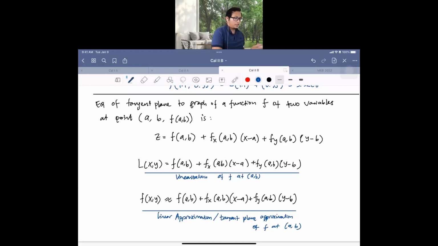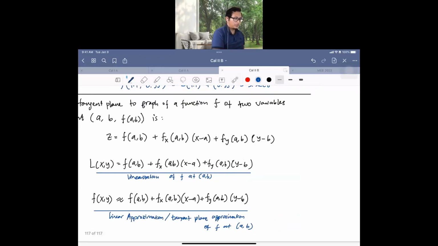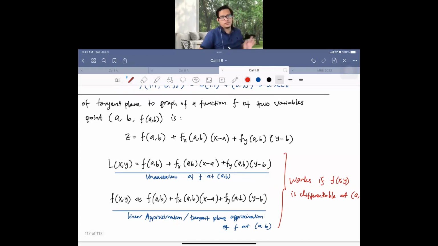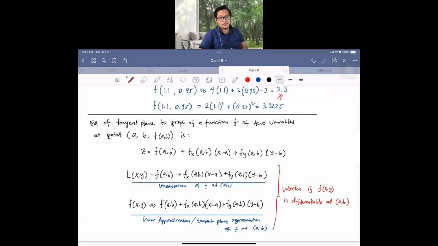And this only works if the function is differentiable. When the function is not differentiable, then of course this does not work. That should be an obvious thing.